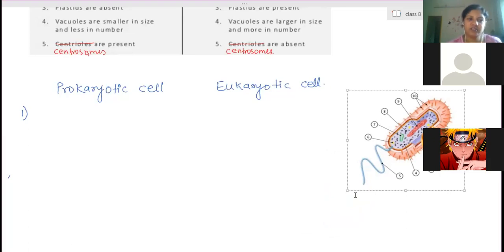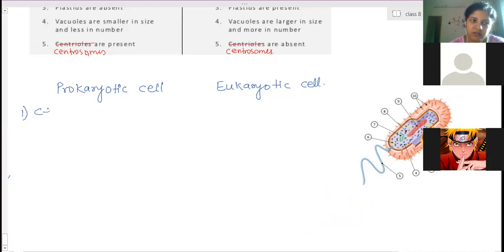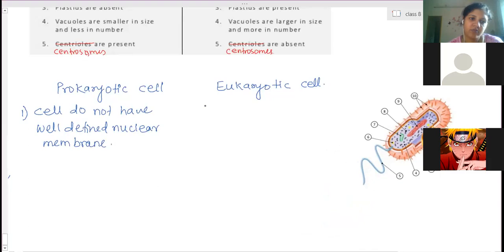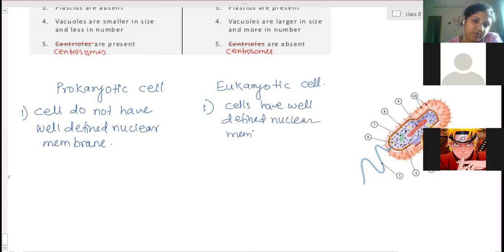So the prokaryotic cell does not have a well-defined nuclear membrane. The eukaryotic cell has a well-defined nuclear membrane.